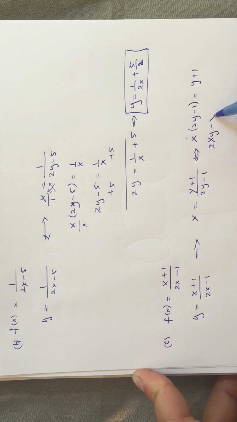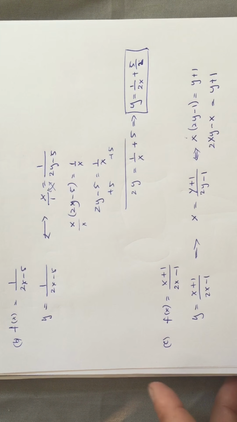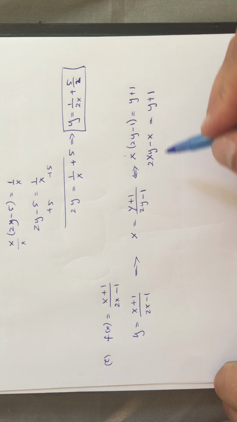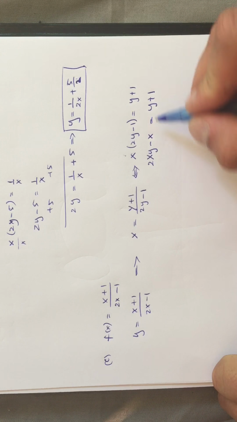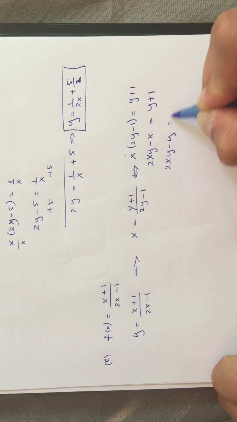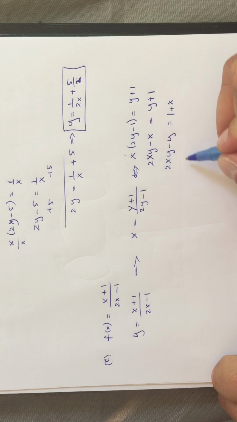2xy minus x equals y plus 1. Now remember, we are solving for y, so our y terms go to one side and non-y terms to the other side. So move this to this side: 2xy minus y equals 1, and moving this to the other side gives plus x. Now here I can solve for y.